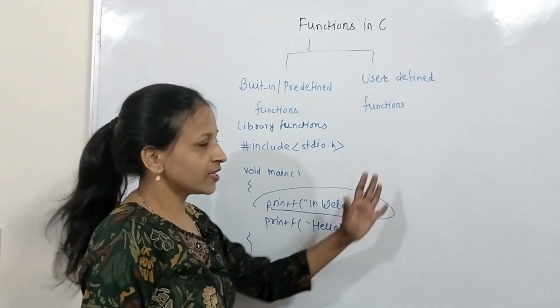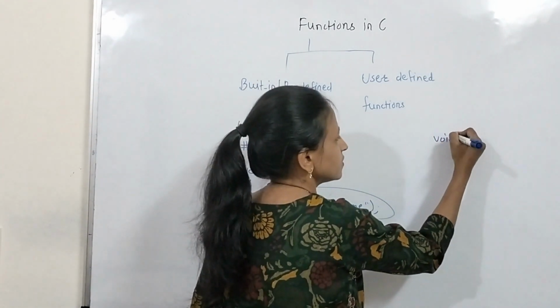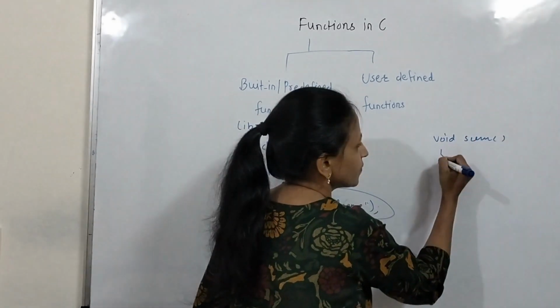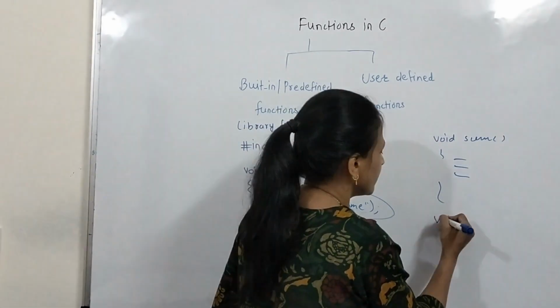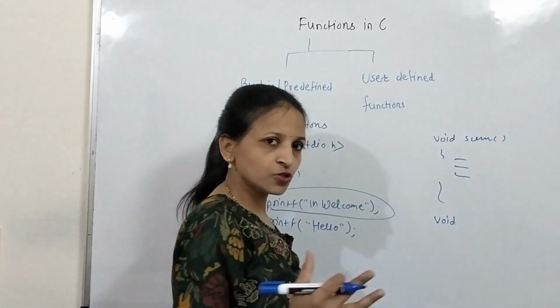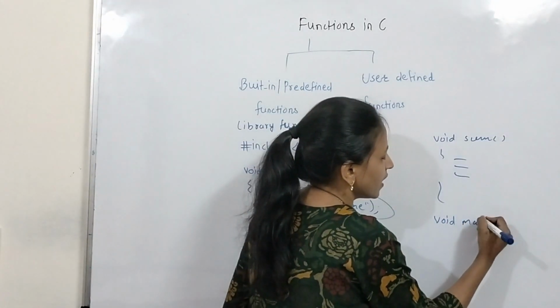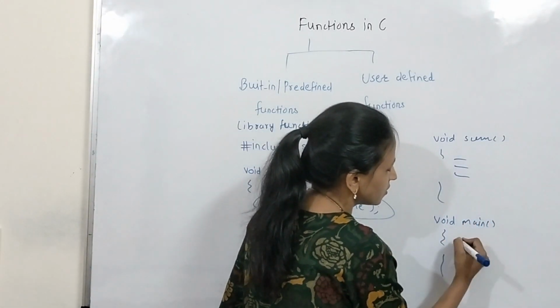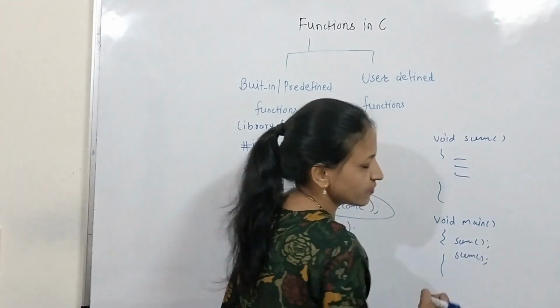Then the programmer will write that sum function, as we have discussed, void sum and everything. We'll write that code and call it from main or from any other function. Any number of times we can call that function.